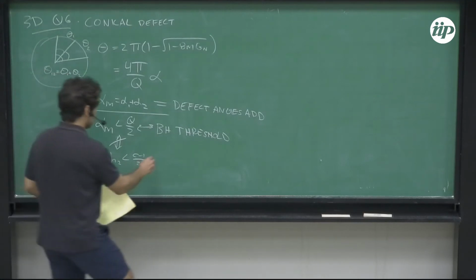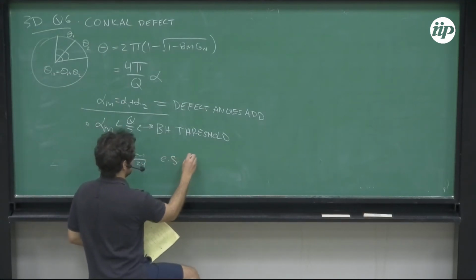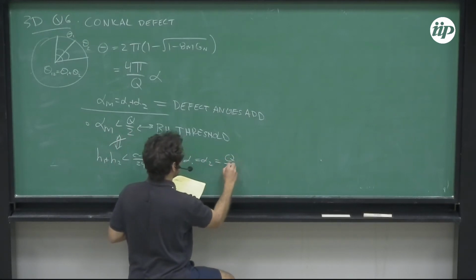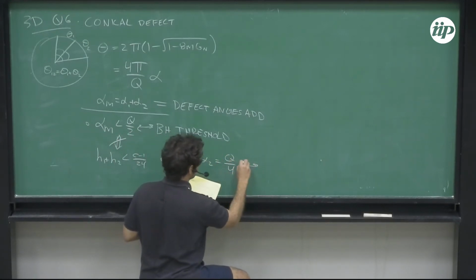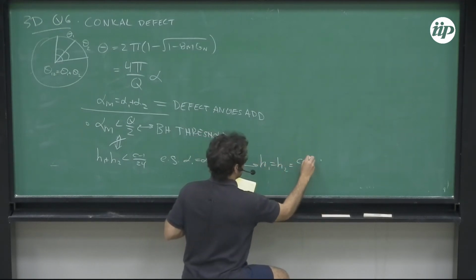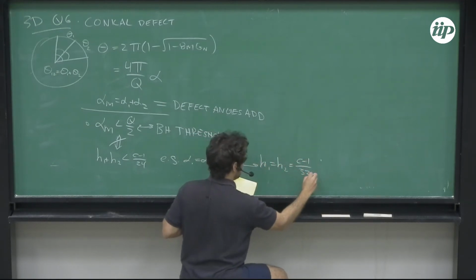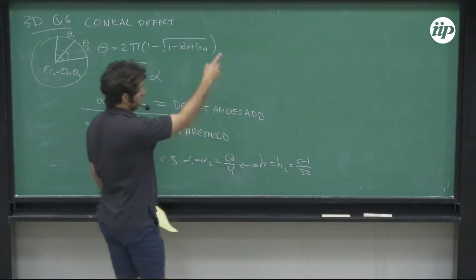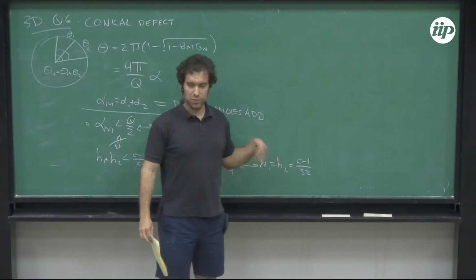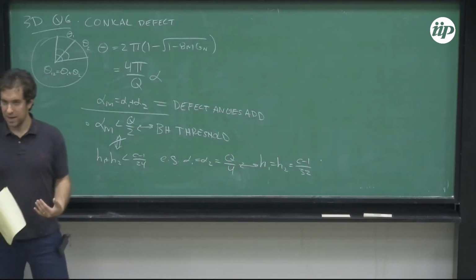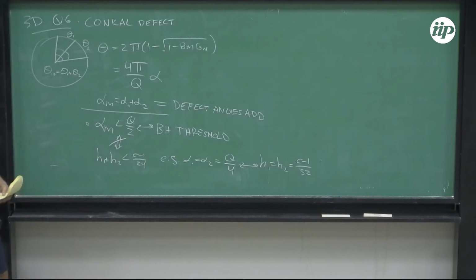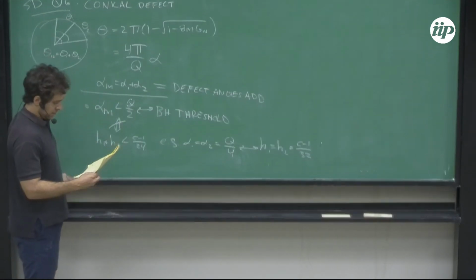So, for example, if you take alpha 1 and alpha 2 to be equal, and equal to Q over 4, so as to saturate this, then this is the same thing as taking H1 and H2 equal to C minus 1 over 32, just by translating. So the sum of the two is C minus 1 over 16, which is naively above the threshold, but there's a negative binding energy, which brings it back down to sit exactly at the threshold. Okay.